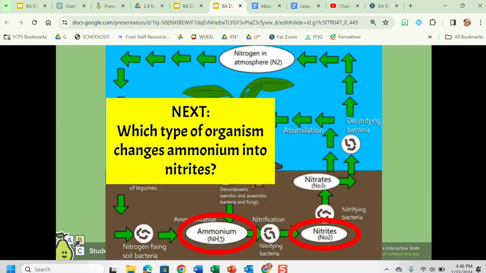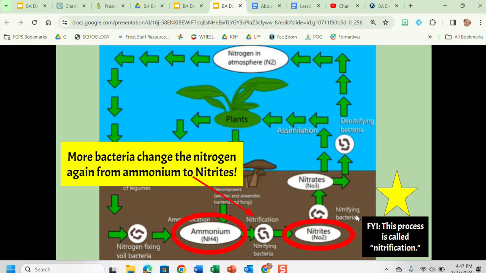So we are taking off hydrogens and putting on oxygens. We are nitrifying. This is nitrification. We are nitrifying our ammonium. We are turning the nitrogen in ammonium into a nitrite. Bacteria does that. More bacteria change the nitrogen from ammonium to nitrites. And again, this is called nitrification.